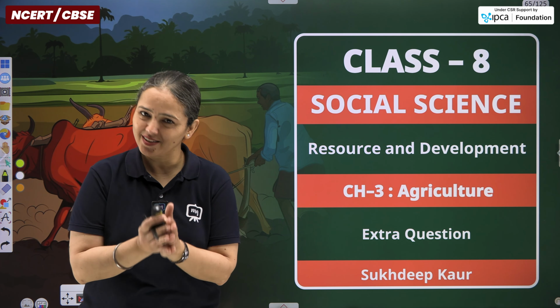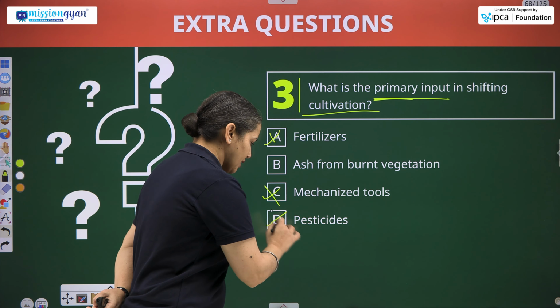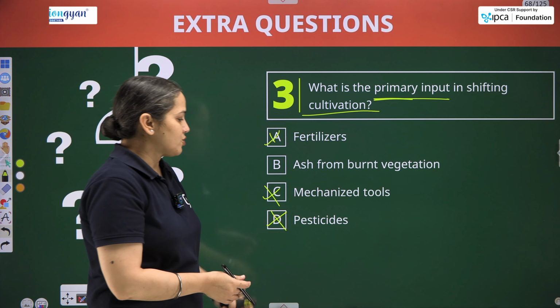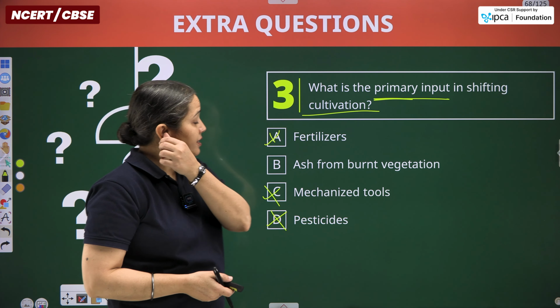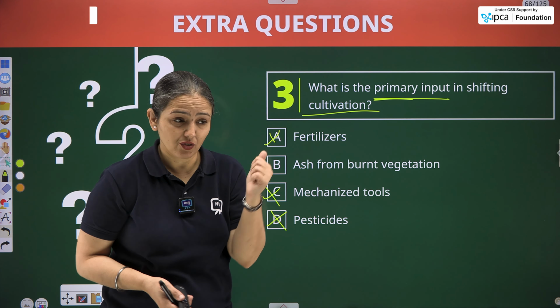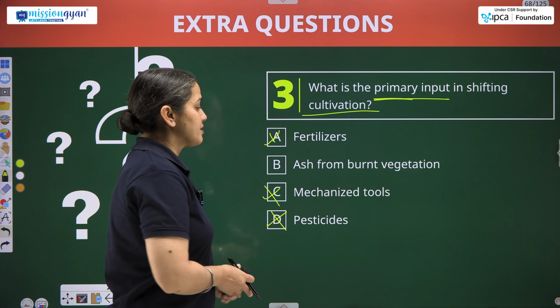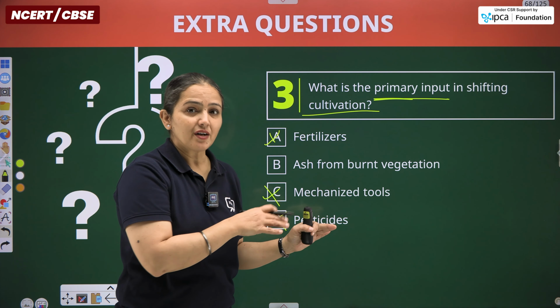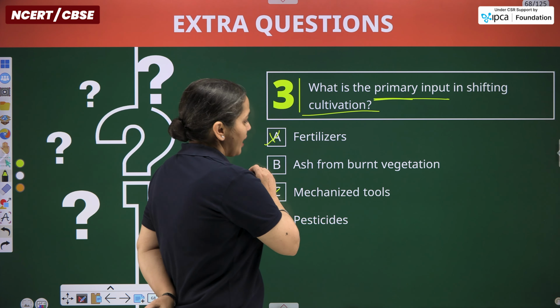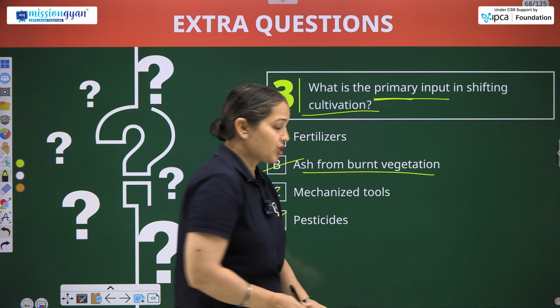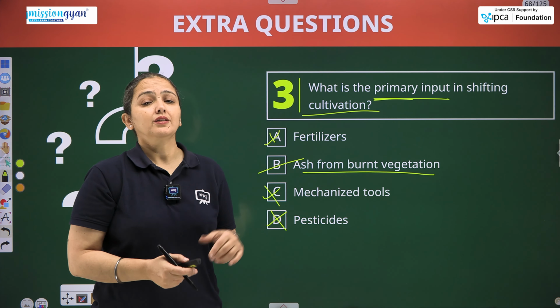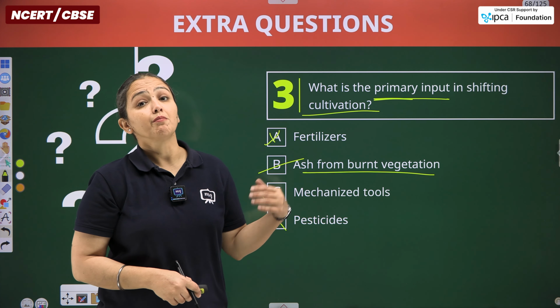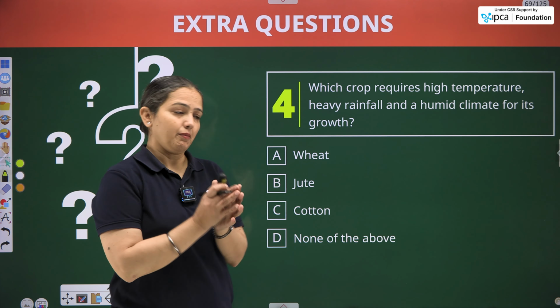Technology is not even nearby. Pesticides again. Mechanized tools, pesticides, fertilizers, these are related to modern agriculture. So the remaining part will be the answer: ash from burnt vegetation is mixed with the soil, in terms of adding manure to the soil, organic manure.